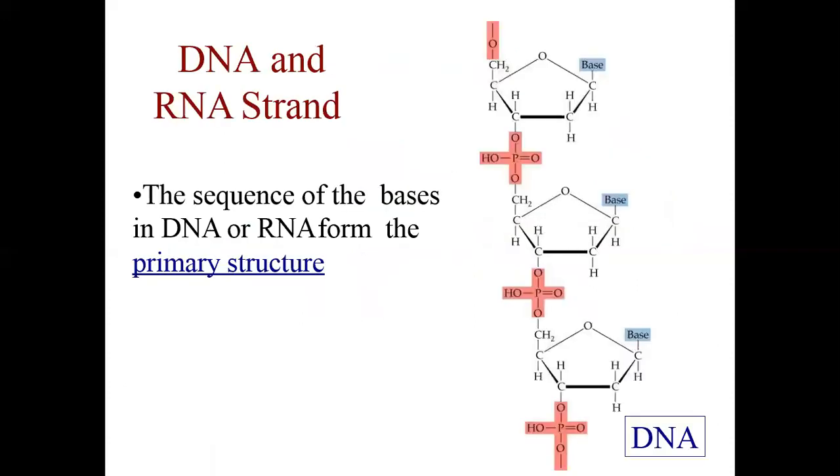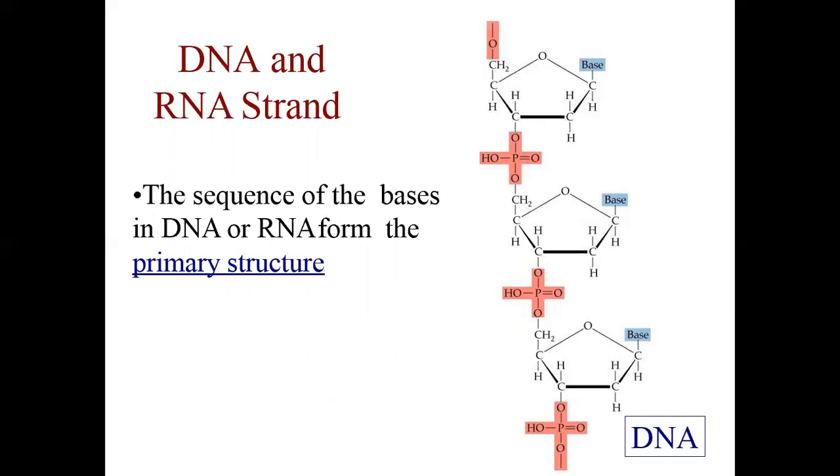So this is the structure of DNA and RNA. This is the basic structure, which contains the ribose sugar, nitrogenous base, and phosphate group. The sequence of these nucleotides is known as the primary structure of nucleic acid. Why is this called the primary structure? Primary structure means the sequence of nucleotides.